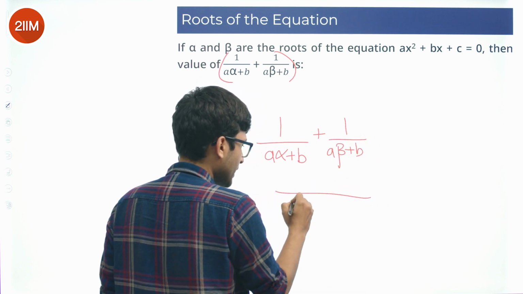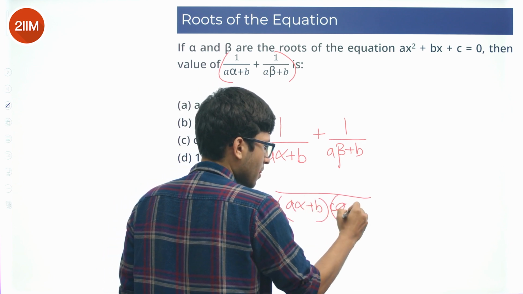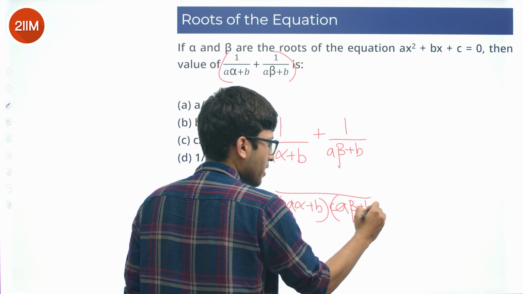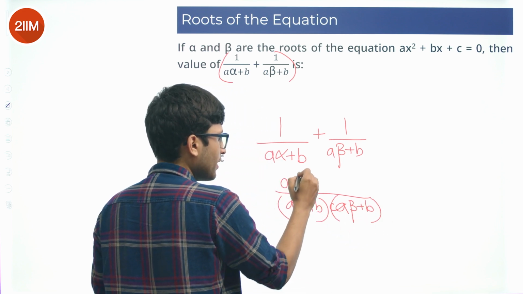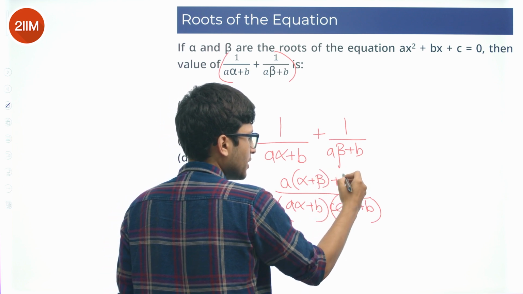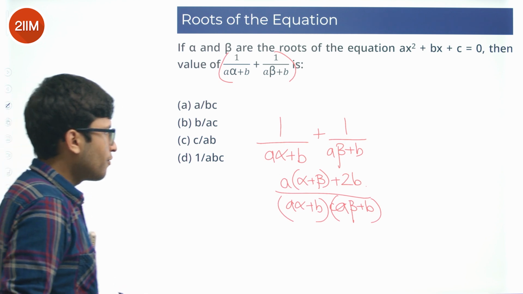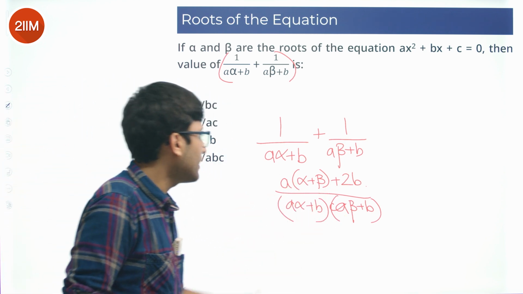So I can combine them, and in the numerator I would be having a times alpha plus beta plus 2b. This would be my numerator. One by one, let us find out the numerator and then the denominator.